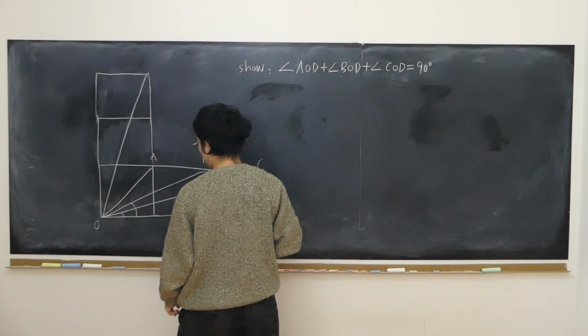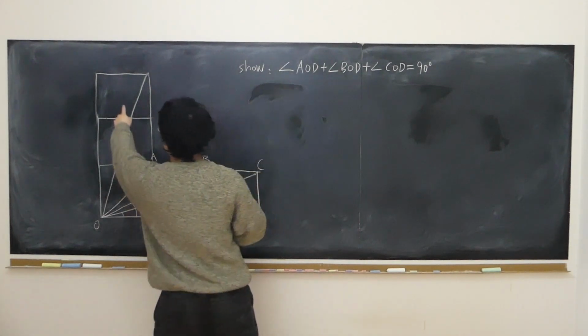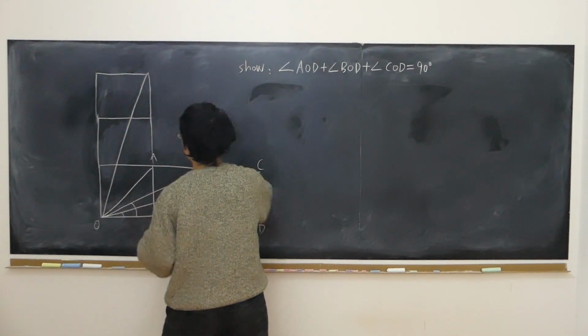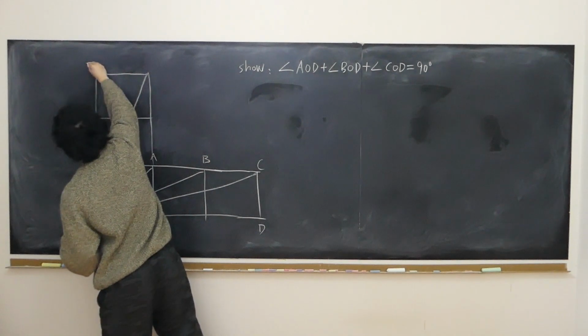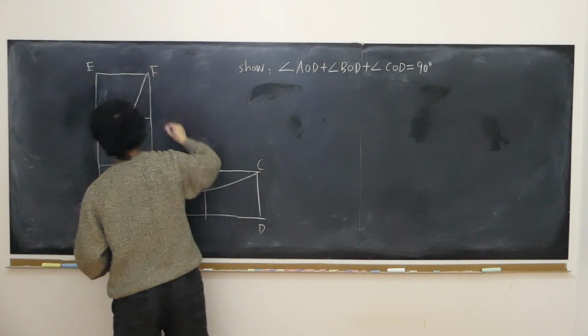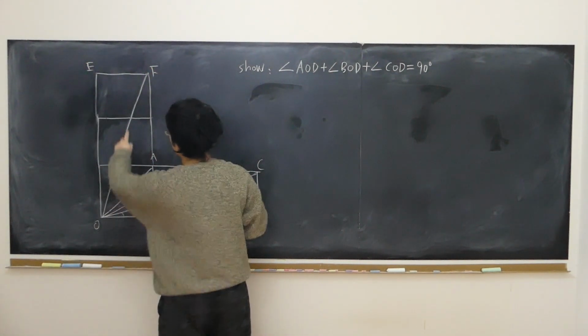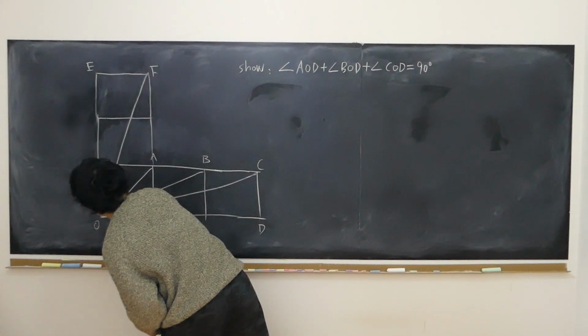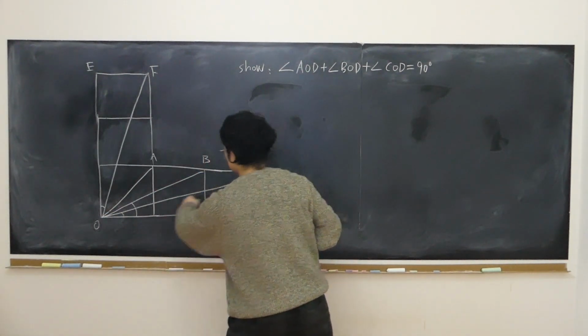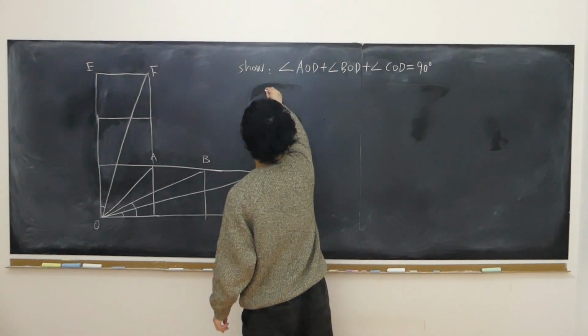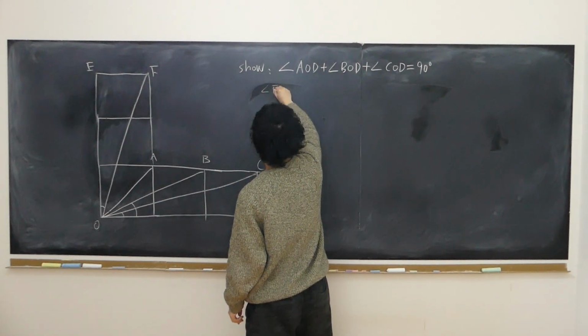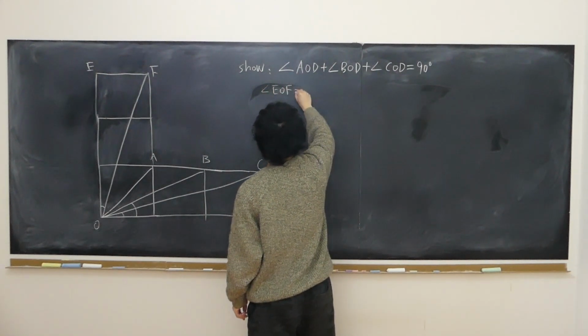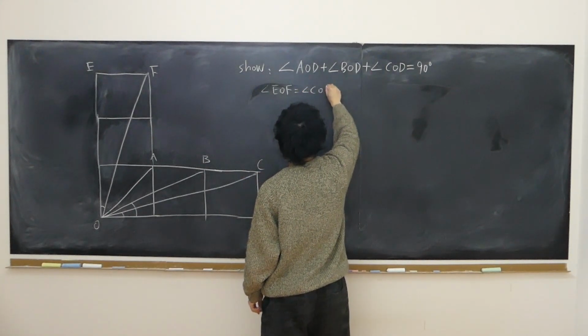So that way I can show that, with A, B, C, D, E, F, G, I can show that angle EOF is equal to angle COD, right?